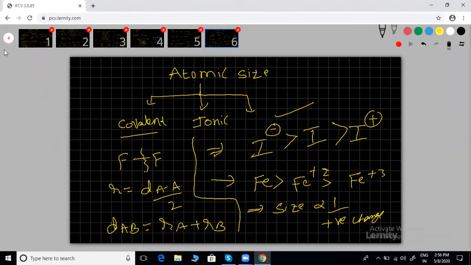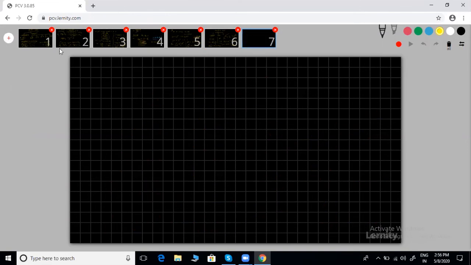If you want, you can try the 2019 and 2020 questions, direct questions, so we can see the order directly. So the Z by E ratio is inversely proportional to size ultimately. Okay.